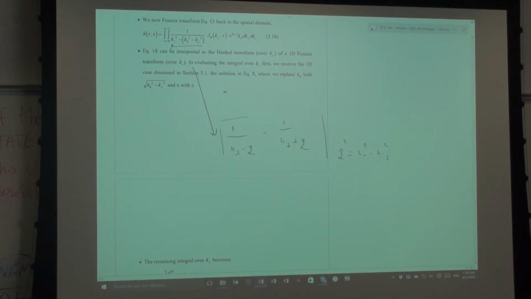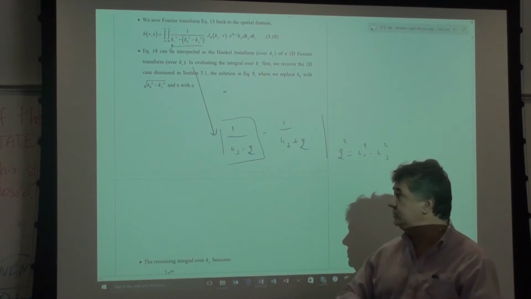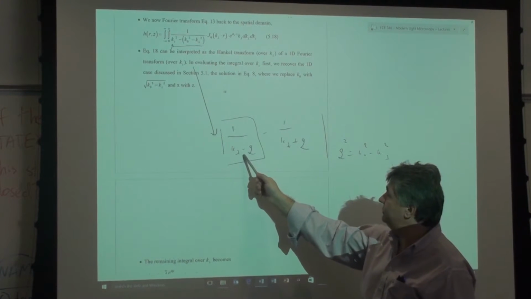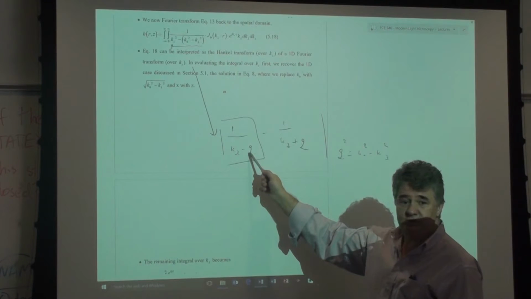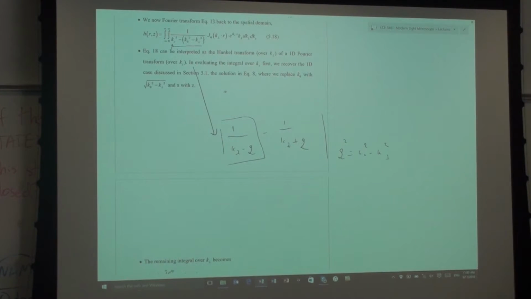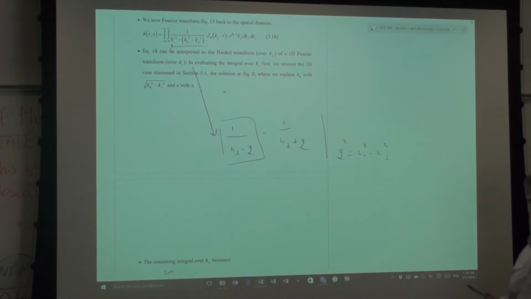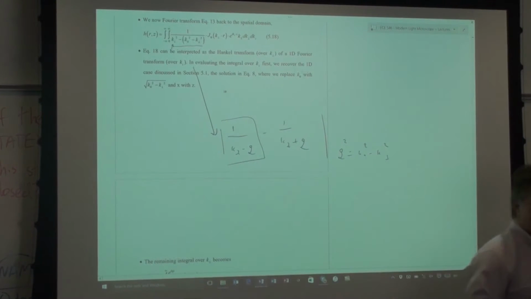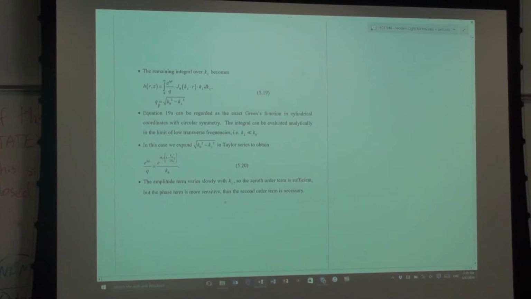As usual, we're going to look at the forward propagating one, so we'll just look at one term. And this becomes our old friend, the one-dimensional Fourier transform of 1 over kz minus Q, the one that gives us the plane wave, e to the i Q times z. So if you do that, this is exactly what you end up with.